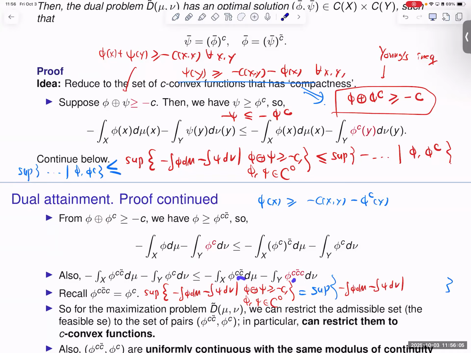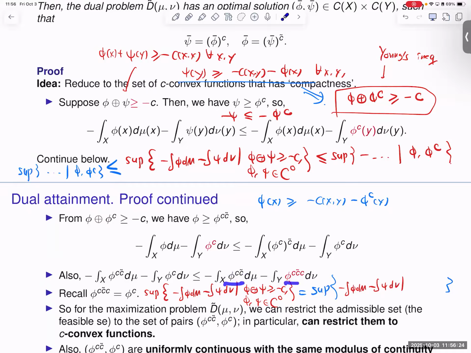Namely, these subsets are just coming from these pairs. But remember, if you do the triple C transform, you get this. All these are nothing but C-convex functions, right?